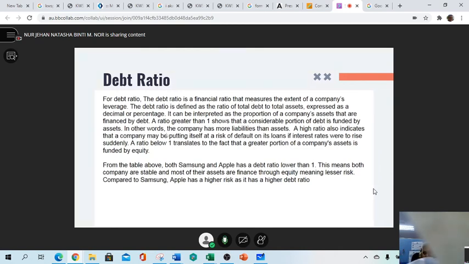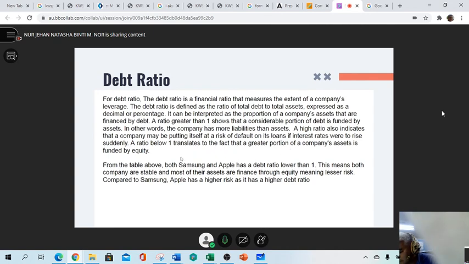In other words, the company relies on debt to fund its assets. A higher ratio also indicates that a company may be putting itself at risk of default on its loans if interest rates were to rise suddenly.